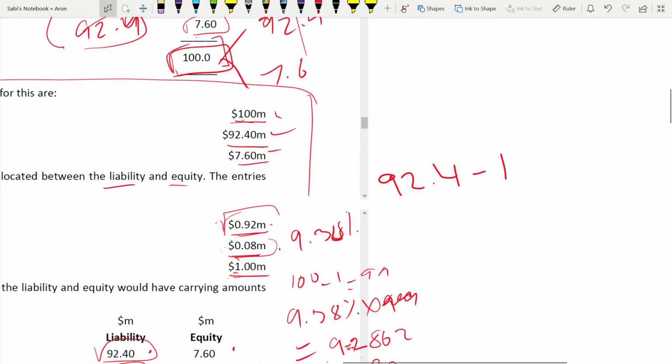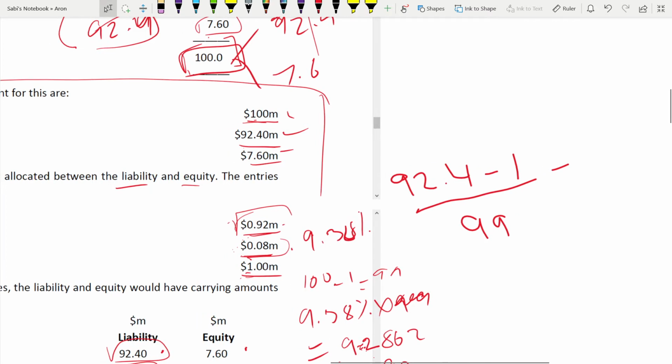Divide this by 100 minus 1, because 1 million will go from 100. So now the total amount will be 99. Find this in terms of percentage, how much it will be. Obviously into 100. So if I do this, then I am getting 0.92, isn't it? Then I am getting 0.92.